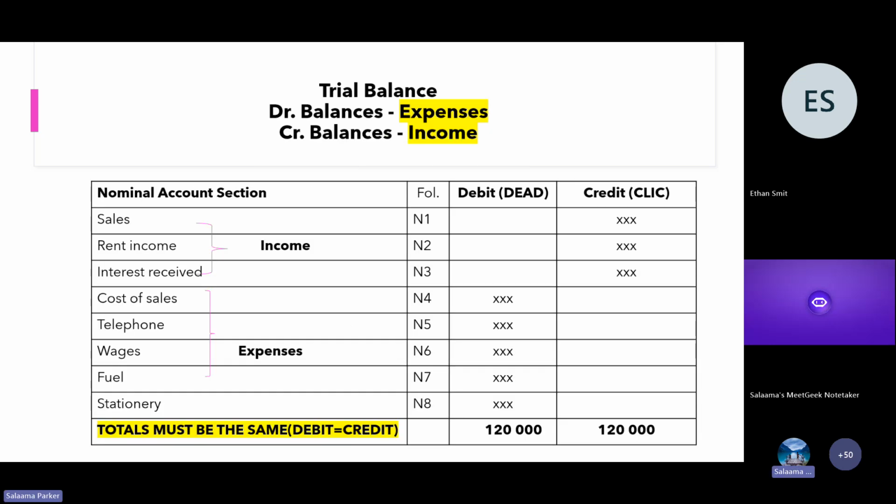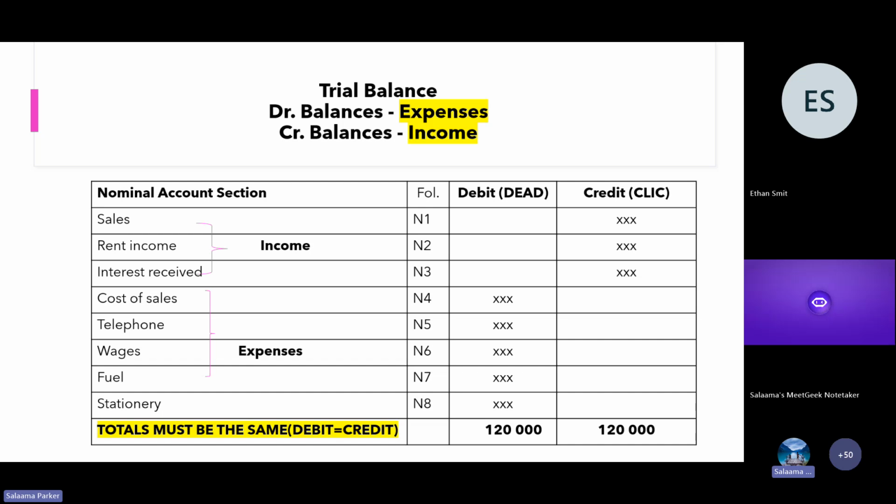Then our nominal account section, there we record our incomes and our expenses. Again, your debit balances are all your expenses and your credit balances are your incomes. Okay, you know that from your debt-click rule. Right, so sales has a credit balance, rent income has a credit balance, interest received has a credit balance.